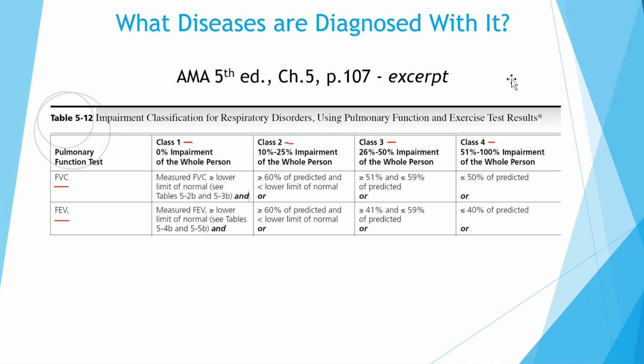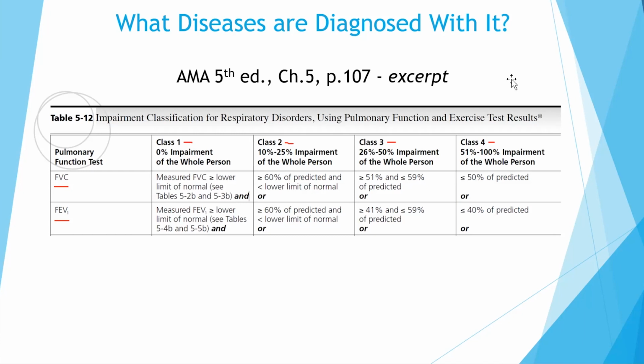They find out what things they have difficulty with. Usually in pulmonary cases, it's things like sleeping, problems with exertional work like lifting or standing and walking. Those are kind of the main things that will make a determination on choosing a number between 51 and 100, for instance, in a class 4. So that number is basically adjusted based on the impact of the activities of daily living. And that's basically how this table works.